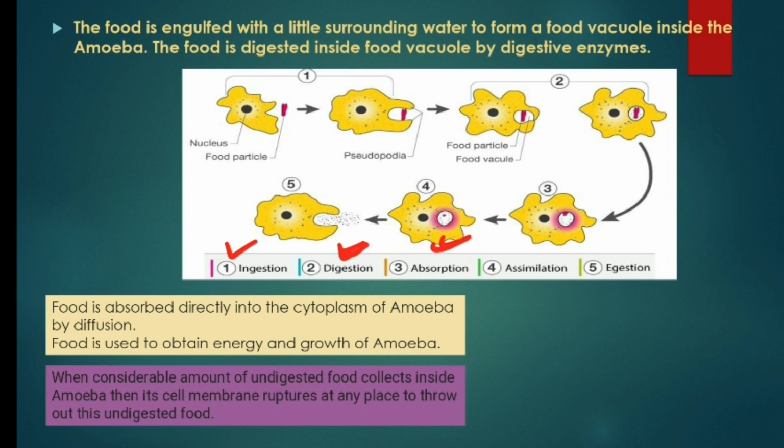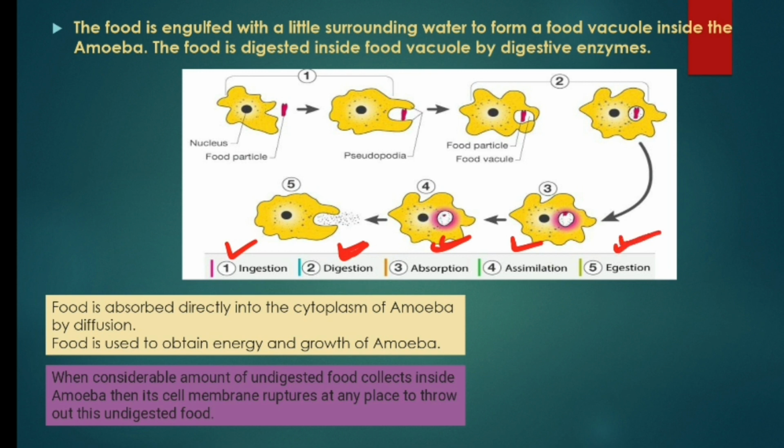Once it is absorbed, it has to be transported towards all the parts, and once it is assimilated, or once the nutrition from the food is completely taken, it becomes undigested food, and the undigested food, whatever is left, is then thrown out of the cell with the help of a process called egestion.